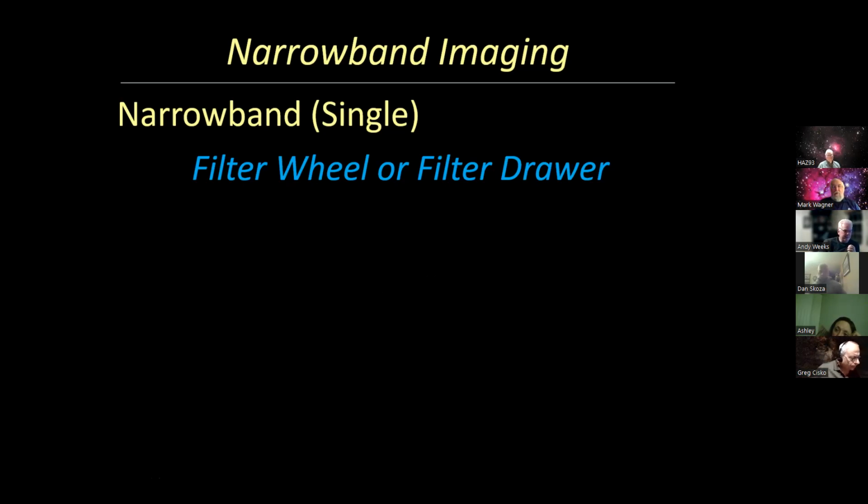Actually, I used to do that when I was shooting my 200 millimeter telephoto lens with the SBIG. I would have to take the whole thing apart. I ended up buying separate D rings for each filter. I would take the camera lens off, take the D ring off, put the different D ring on, put the camera lens back on, a whole big production. Unfortunately, my old Canon lenses would not hit the back focus of the SBIG camera, so I could not use a filter wheel. I was very disappointed when I found that out.